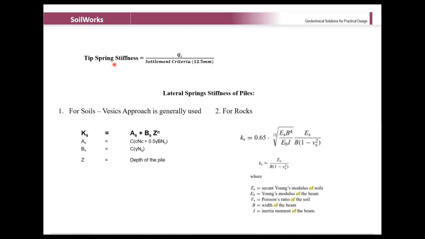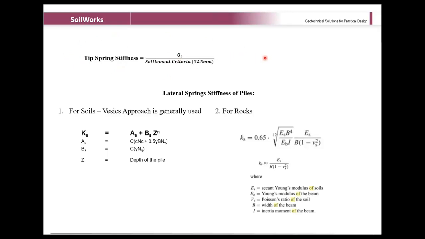In the very first case, we need to define the pile tip, that is a spring stiffness for the pile tip. What we do is determine the tip resistance, that is your QT, which will be divided by your settlement criteria, that is, let's say, 12.5 or 10% of the pile diameter. Based on the different codes, it varies. That's your approach to determine the pile spring stiffness, or else we can do it by using the pile load test as well.